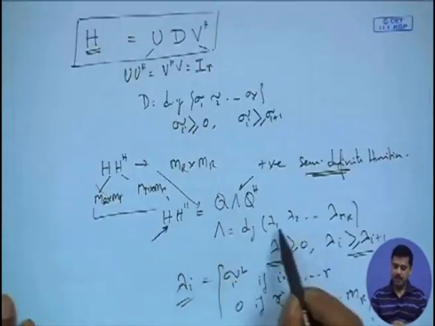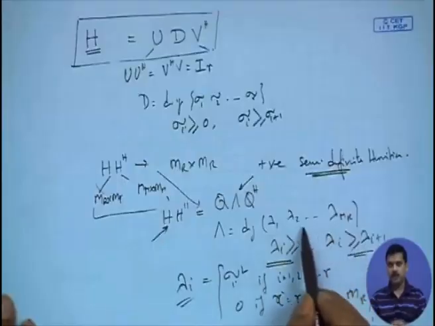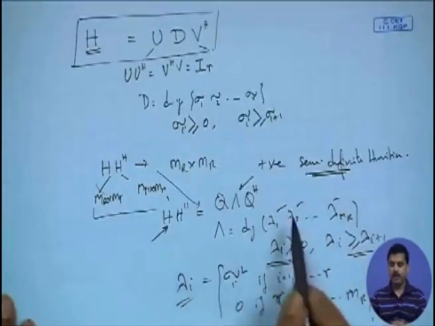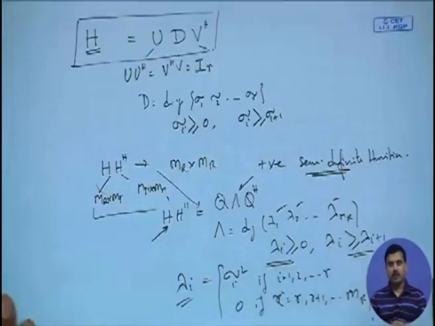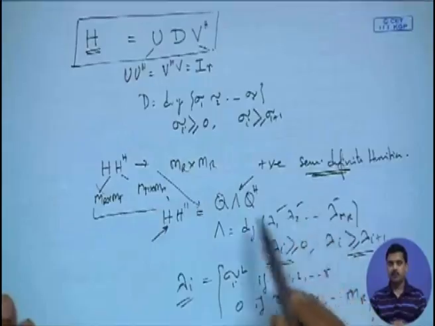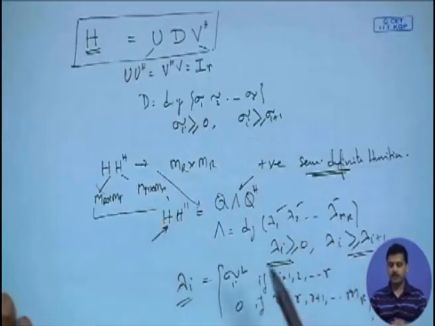So the matrix lambda contains these different eigenvalues, and hence all these would be different, and they would also be random.